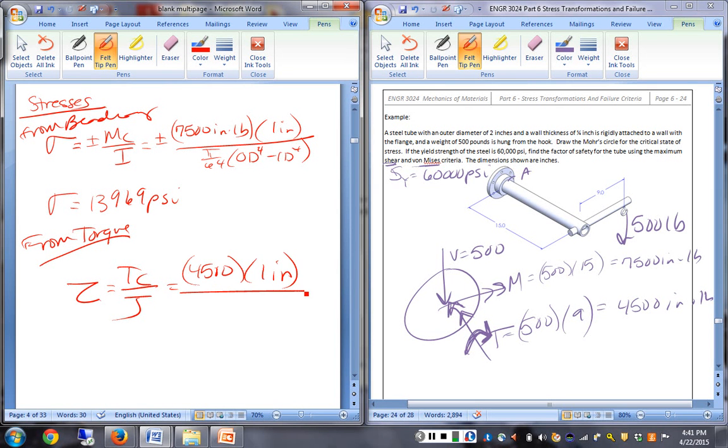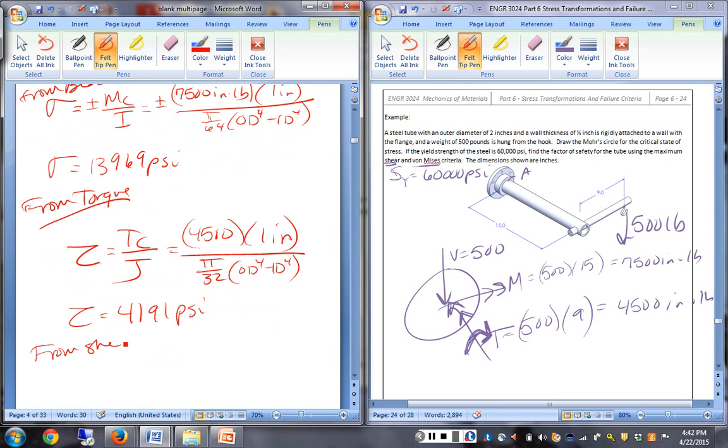Why is c the same? The radial distance, but it's a round cross section. It's still the distance from the center to the outside. And J is pi over 32 times the same stuff. And that ends up being 4191 PSI.